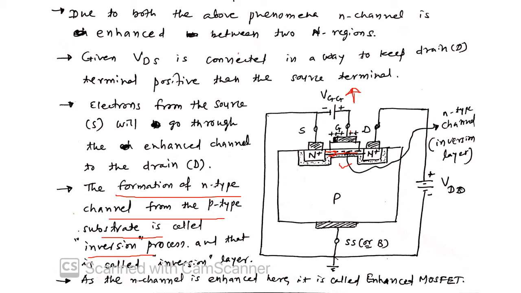The P-type region is now converted into N-type region. That means you can say this is the inversion process. That layer which is formed is called the inversion layer. And because the N channel is enhanced here, it was not there previously, it was just enhanced once the external biasing was given, this type of MOSFET is called an enhancement MOSFET.